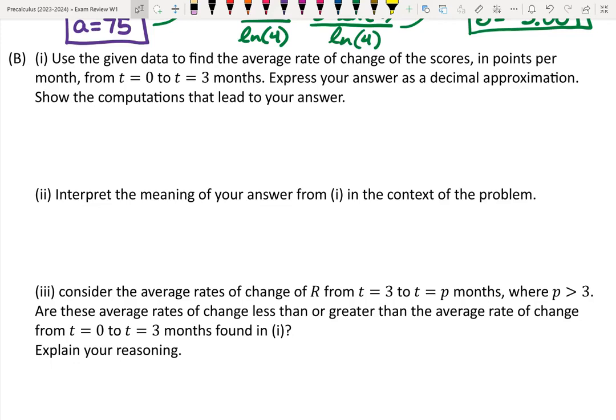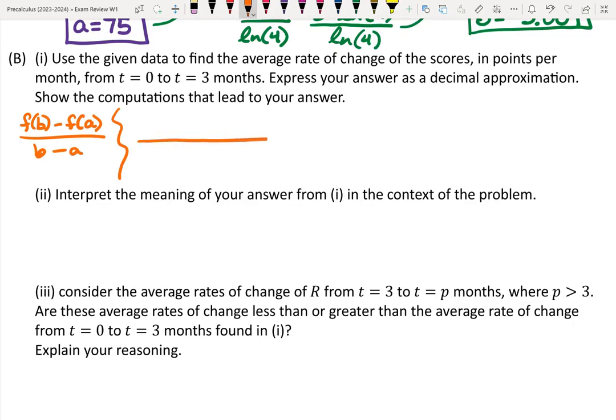Okay, average rate of change. How do we find average rate of change? What's our formula? F of B minus F of A over B minus A. However, we don't have F, we have R. So what is it for ours with the actual A and B values?